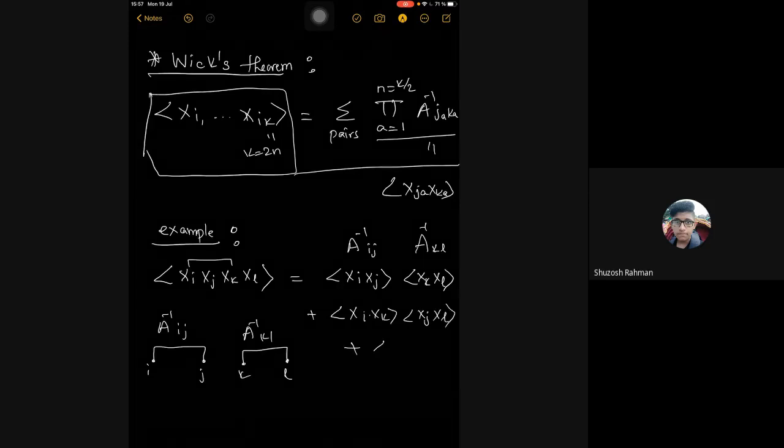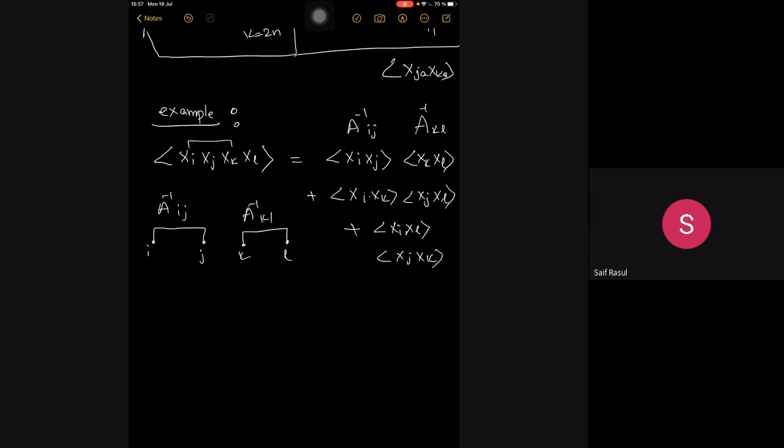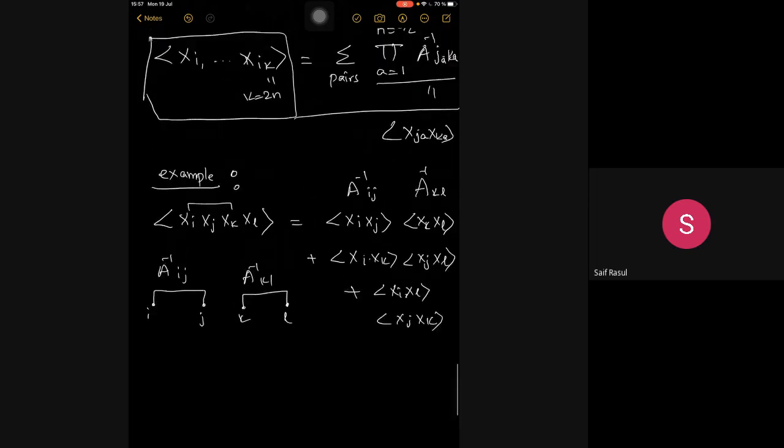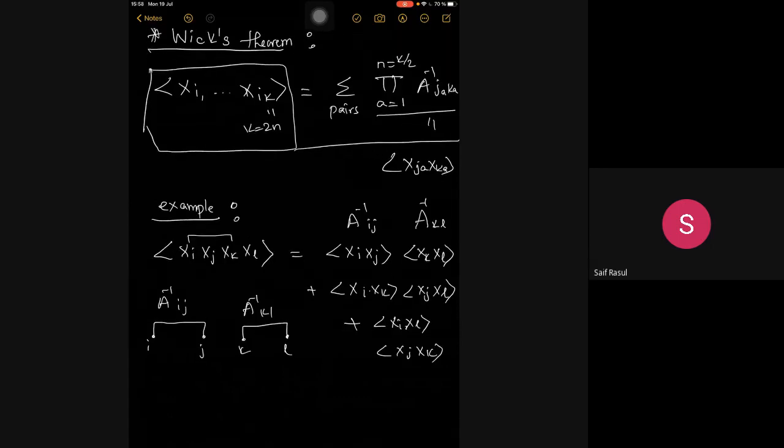And you'll have another term, i connect to l and j connect to k. So this is all the ways you can connect the graph vertices together. You'll understand what I'm doing when I show you the example, but for now, this is just graphs, points connecting with one another.